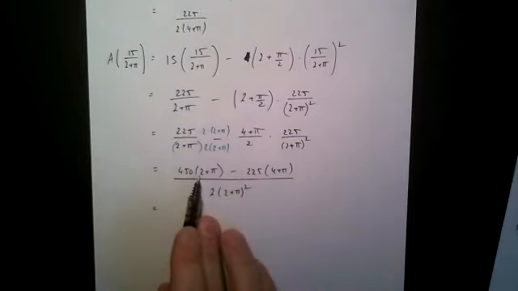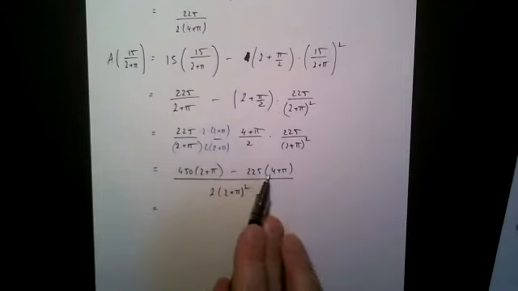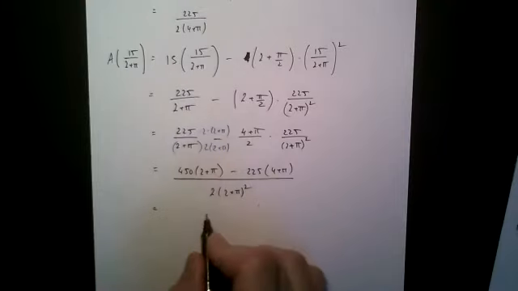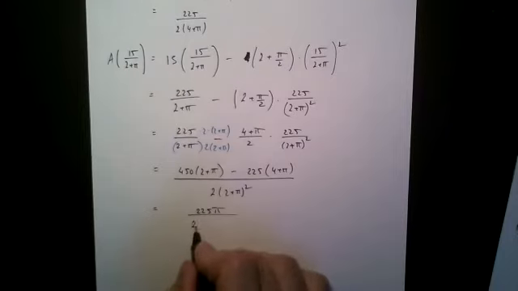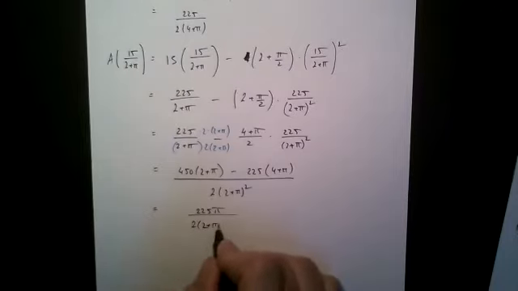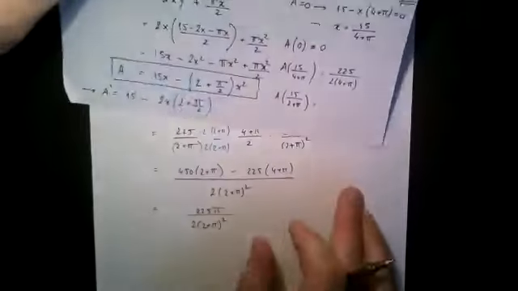Okay, so 450 times 2 is 900, 225 times 4 is 900, so this disappears. 450 pi minus 225 pi, I get 225 pi over 2 times 2 plus pi squared. This is what I get right here.